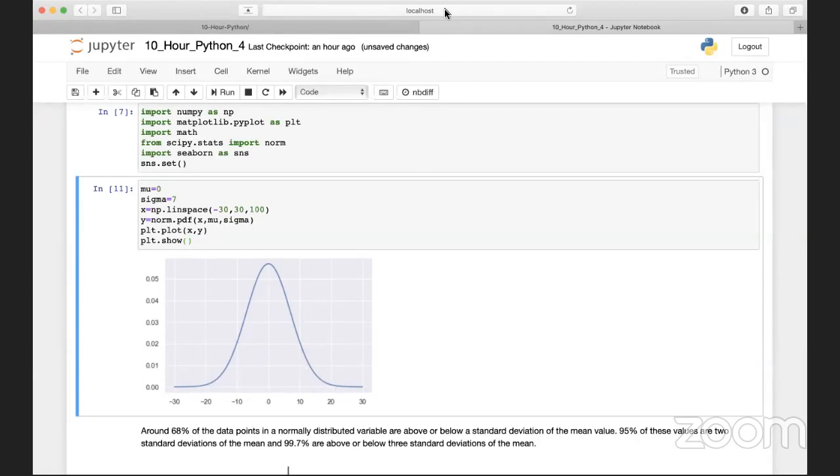So there's a question, I guess, from Emilio. When normalizing our data isn't an option. Normalizing data and normal distribution are two different things. Normalizing is a scaling method. When you normalize your data, you basically apply a formula like x minus x min over x max minus x min, something like that.